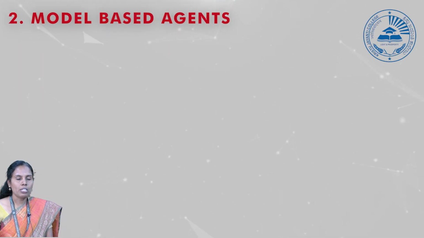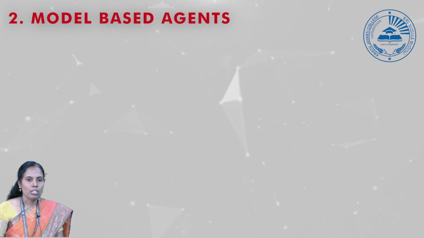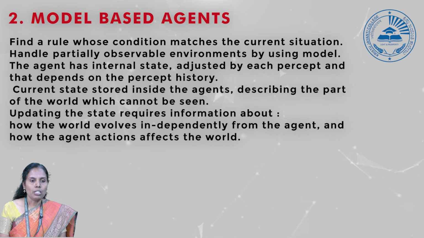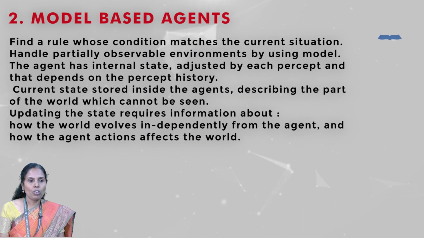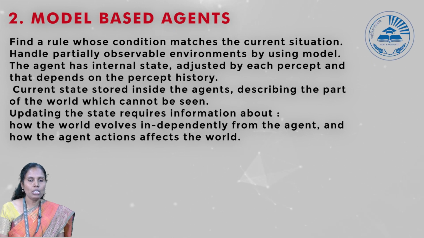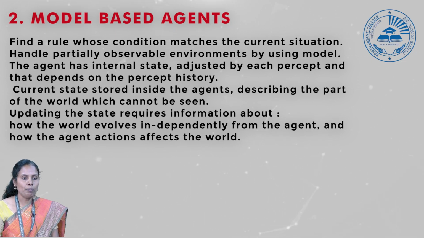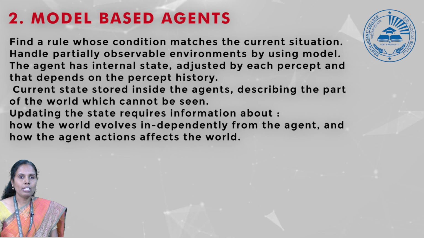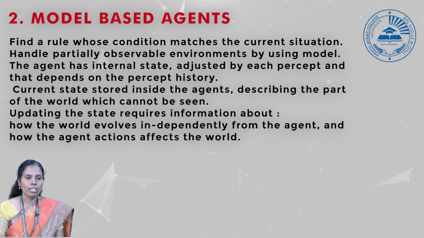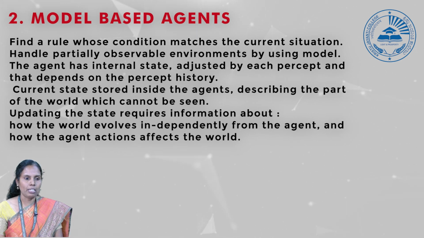Then the next one is the model based agent. In a model based agent, the observable environment is only partial. It gives partial output based on the internal state. So here two states are there, one is the current state and another one is the internal state.